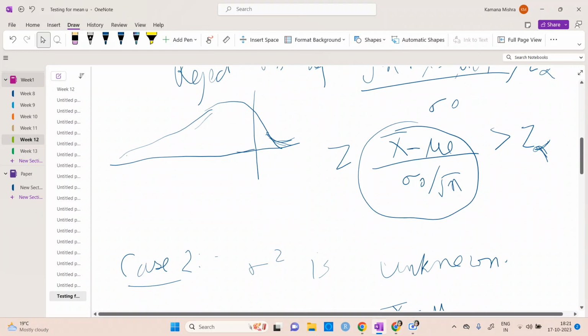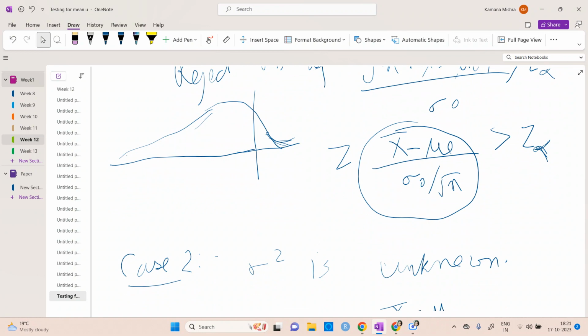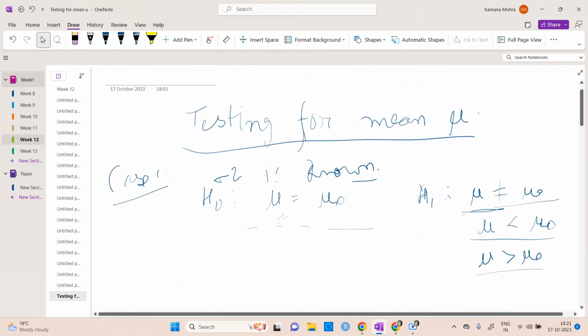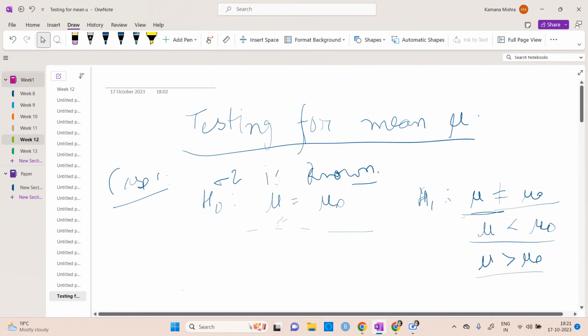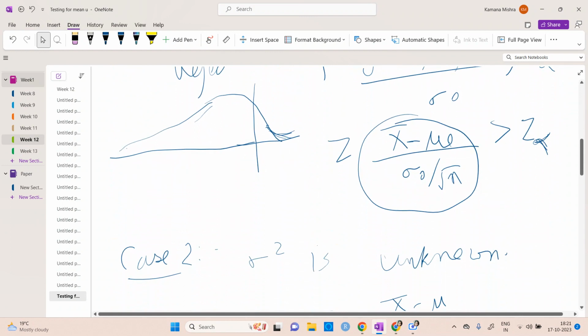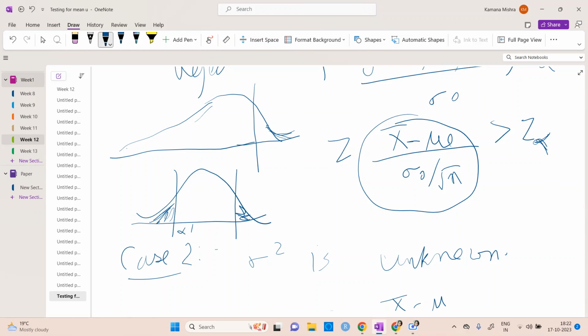If you have a two tail test, let's say mu is equal to mu naught and mu is not equal to mu naught, at that point we take z alpha by 2, because we are taking two sides. So alpha is given, then we take the test at alpha by 2.